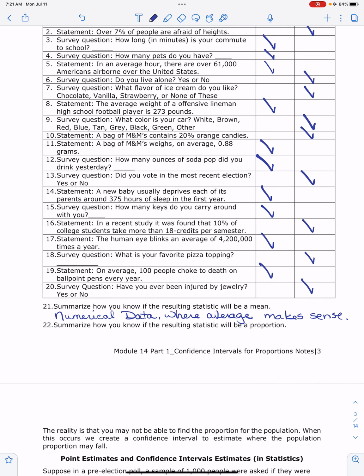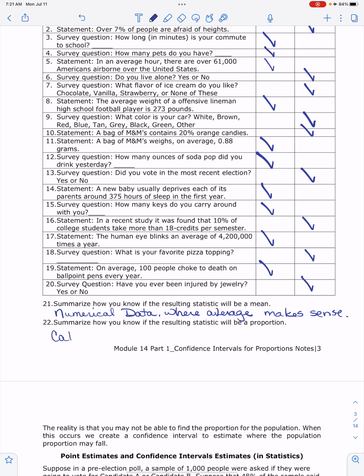We're going to have a proportion if we have categorical data, or we are dealing with percentages, for the most part.